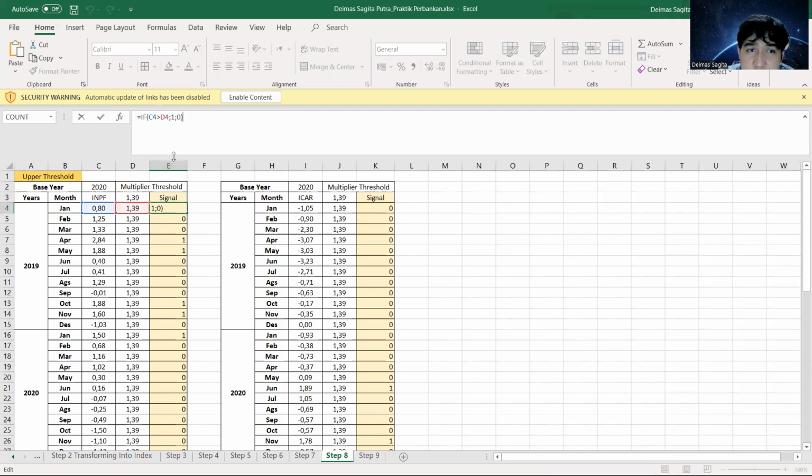So it means in Indonesia, if INPF is greater than our upper threshold value, our average equals 1, otherwise 0. Then just enter, and then we got the signal for the upper threshold.